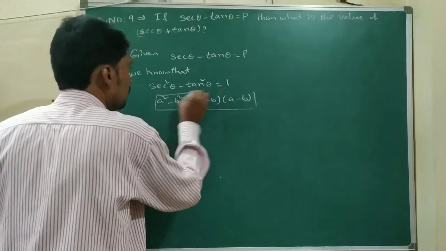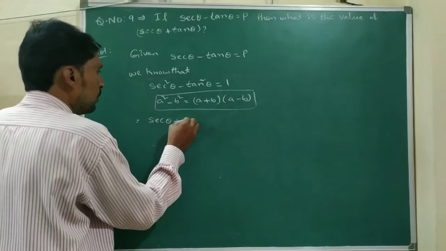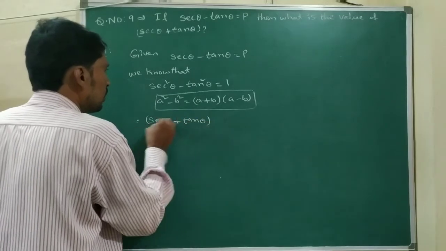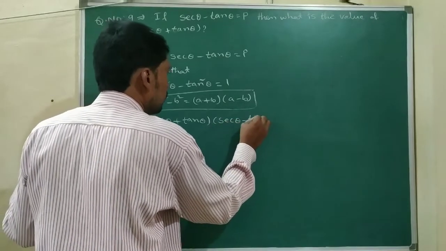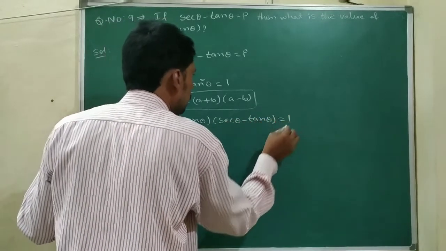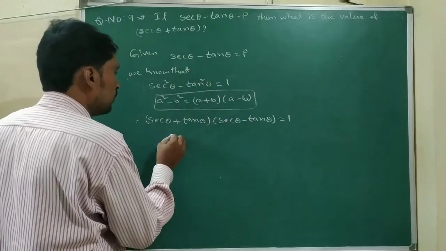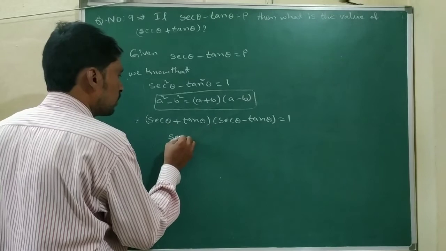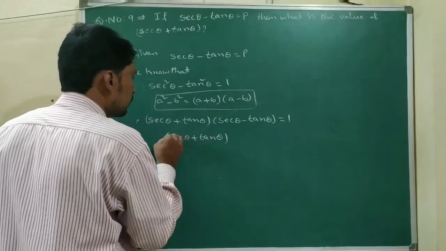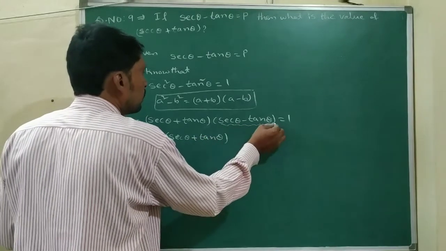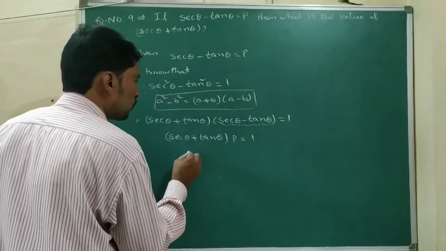So a means sec theta, plus b means tan theta, into a minus b means sec theta minus tan theta, equal to 1. So here sec theta minus tan theta value is P, this as it is we can take. So sec theta plus tan theta into sec theta minus tan theta, whose value is given by P, equal 1. This P you can transpose.